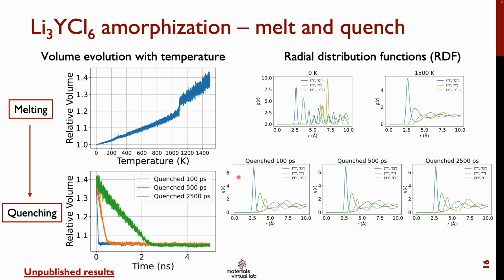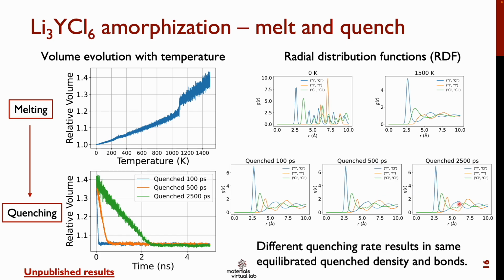From the RDF, you can see that at 1500 Kelvin, there is no long-range ordering, and the 3 different quenched samples have comparable RDF in the long-range region, and they also equilibrate at similar volumes and densities.